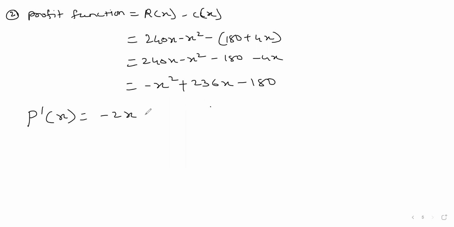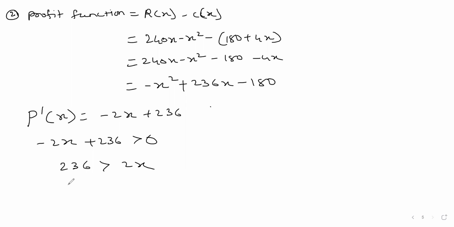That will be -2x + 236. Now, if it is to be increasing, -2x + 236 should be greater than 0. So 236 should be greater than 2x. 236 divided by 2 is 118. So 118 should be greater than x, or x should be less than 118.